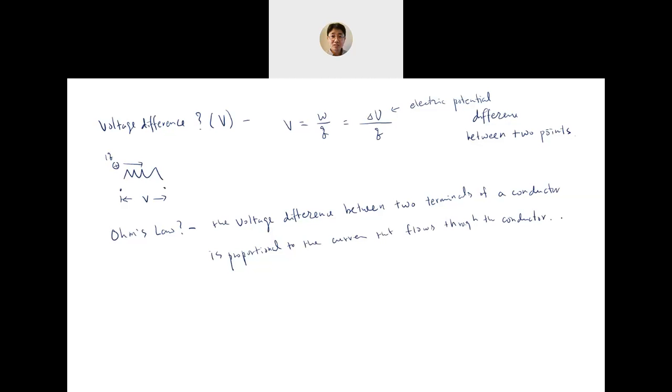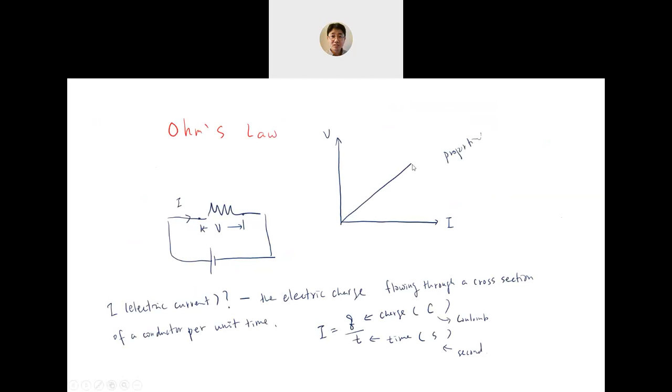You may see different definitions, but a simple statement is that the current is proportional to V. We have to see just this linear statement.